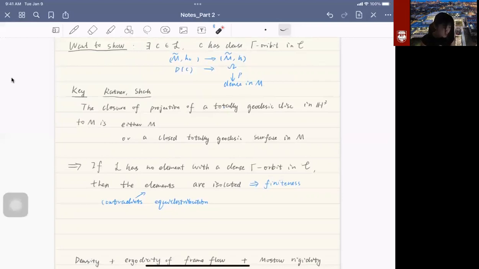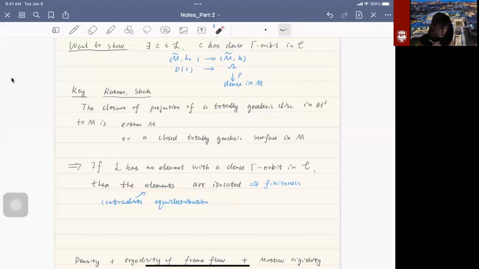That is to say, any projection of the total geodesic disk must be equal to a closed total geodesic surface in M. Okay, and then in the paper of Pellegrin, Marquez, and Nevis, they are able to show that these elements must be isolated. So because of that, that's also finite.